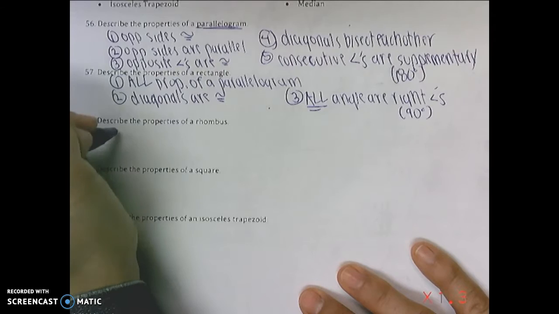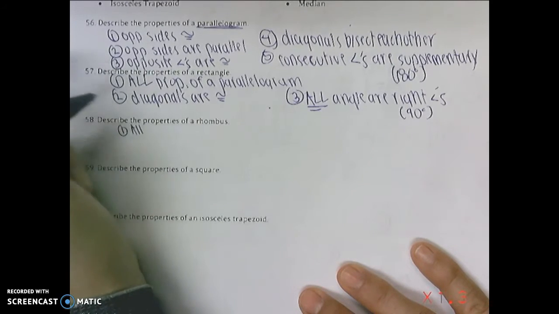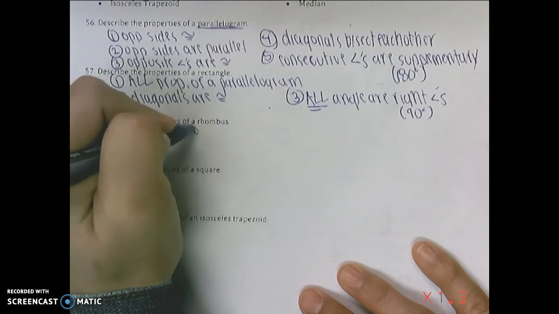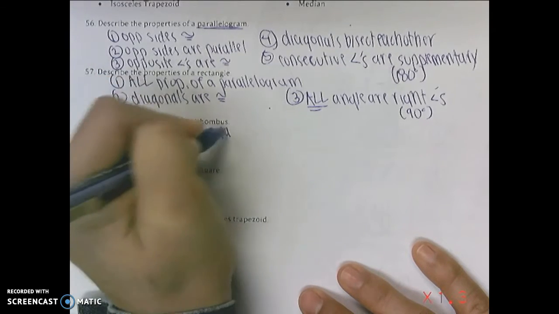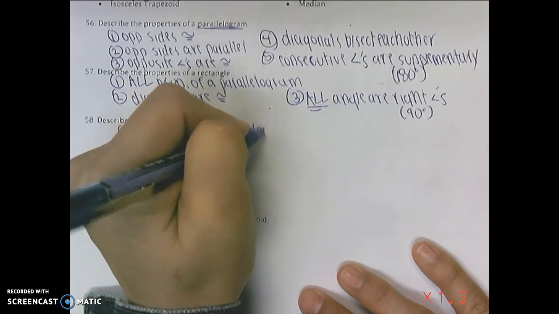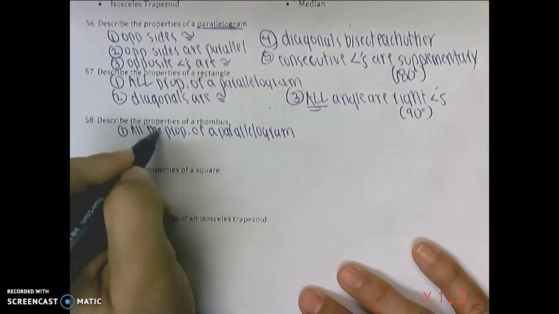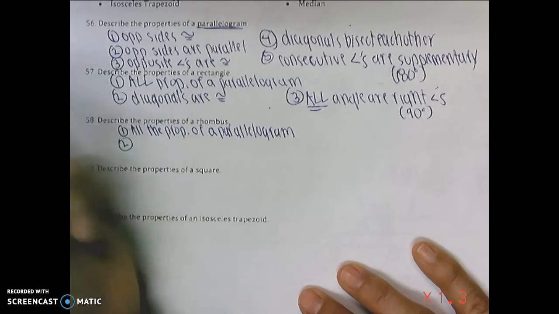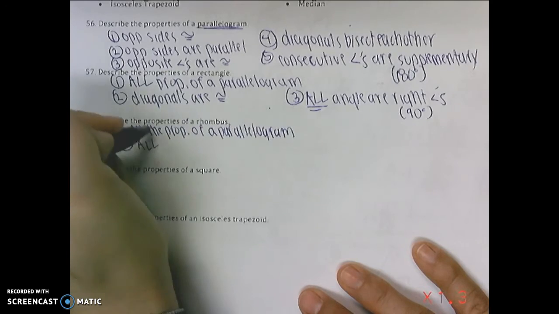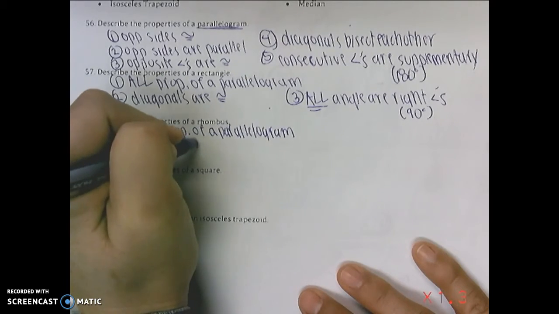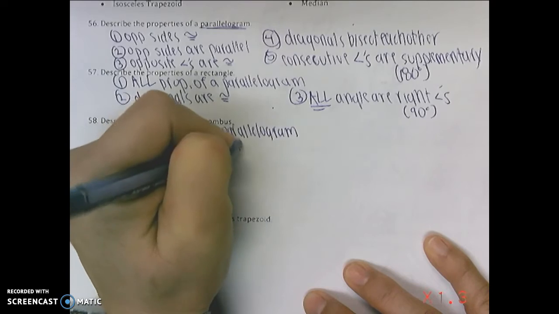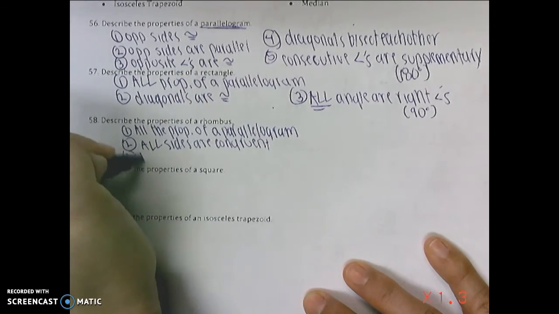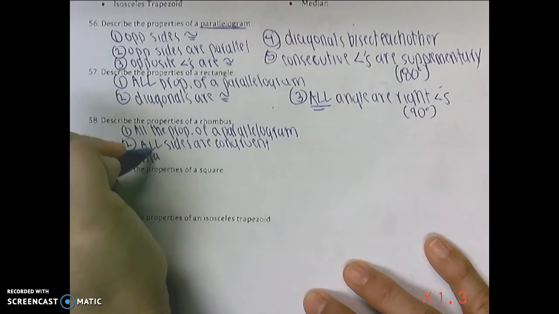Now the properties of a rhombus. Again, it has all the properties of a parallelogram, the 5 we talked about up here. And then it has a few of its own. All the sides are congruent. And the diagonals are perpendicular.